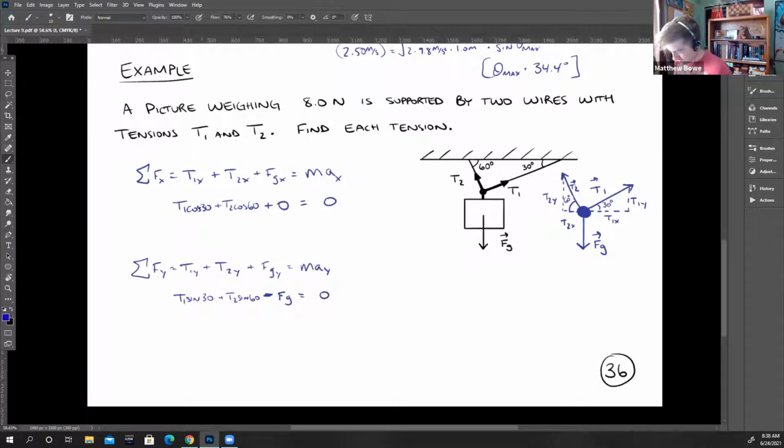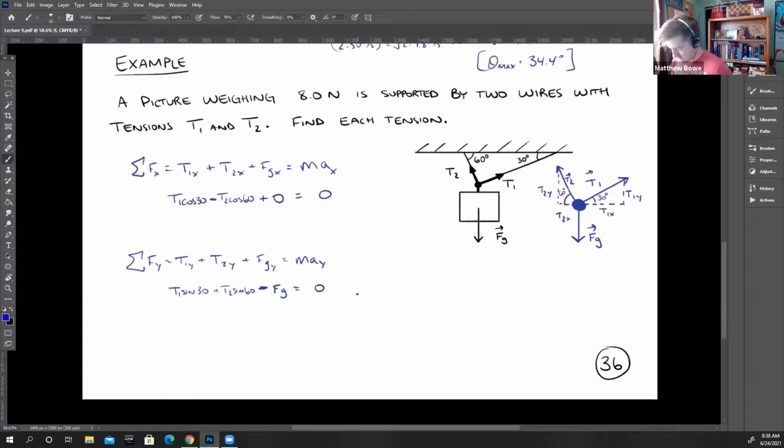So what I was saying up here about the X component is that things traveling to the right are positive. Things traveling to the left are negative. So for this X component up here, the T1 is positive. This should be a negative sign because T2 is traveling to the left. All right. So we have that equals 0.